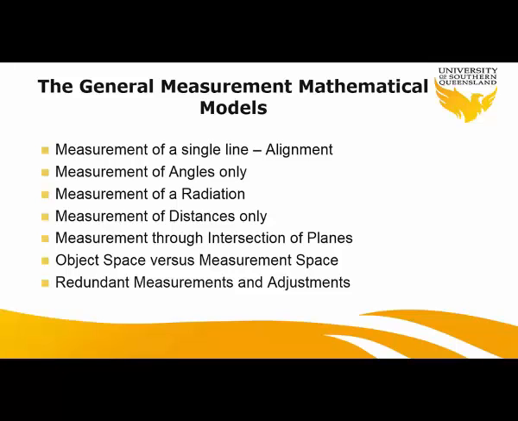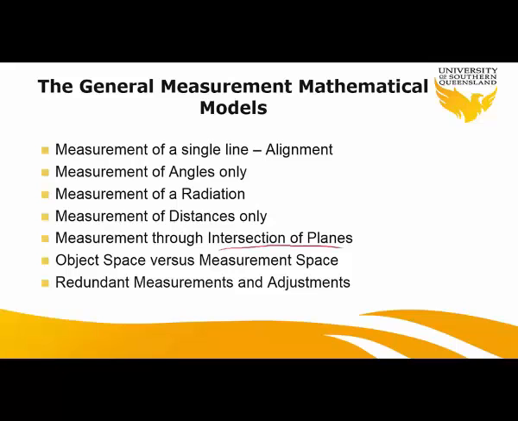So I told you about the measurement space. Now we want to move to general measurement mathematical models that can be used in metrology. It can be categorized as measurement of a single line, which we call alignment. We may want to measure angles only, distance only, or radiation, or we want to measure through intersection of planes.